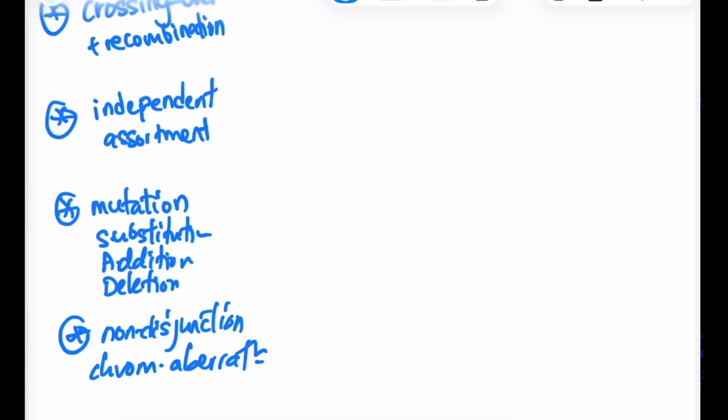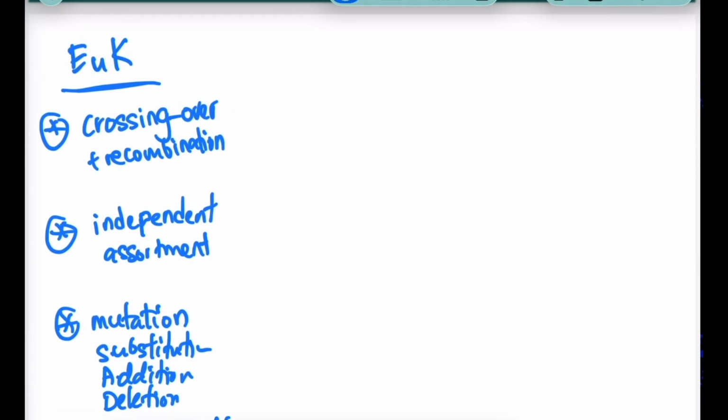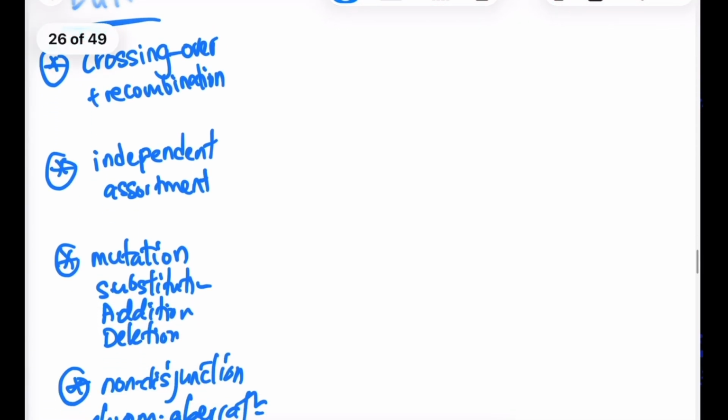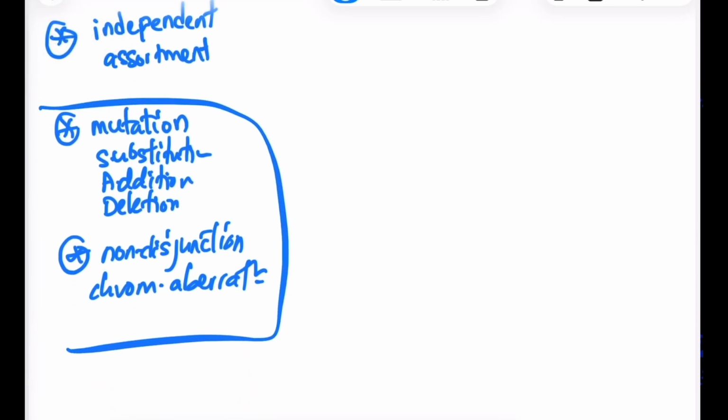If it didn't happen properly, then you have non-disjunction, etc. So this will give variation to the organism. But of course, these two do not always end up right. So this may end up terribly wrong.